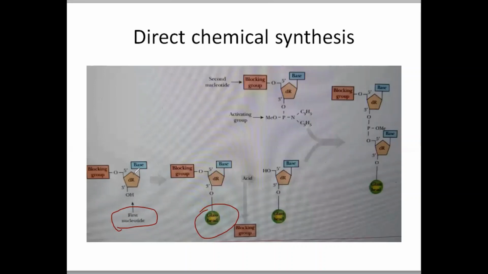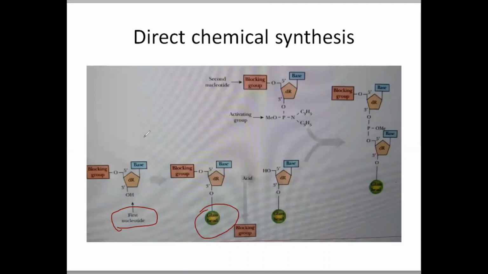It consists of a blocking group that protects a 3' phosphate group. As you can see, we have a 3' phosphate group here, and it protects it. Then you add a diisopropylamine group, which is attached to the methylated phosphoramidite group.